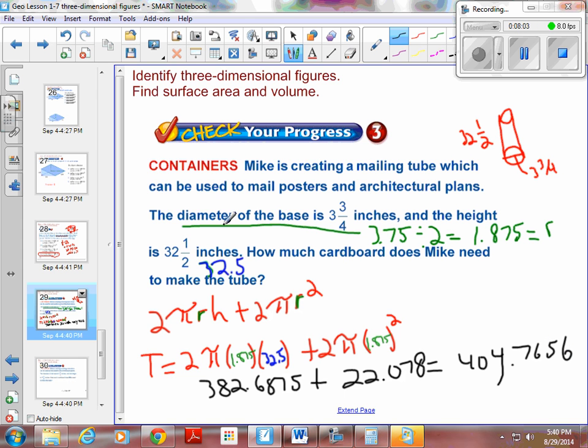If we go back and look at our significant digits, this is only to the 10th, this one's to the 100th, so the most accurate we are is to the 10th, so we're going to round. So this is going to be 404.8, and then we need units on this. This is an area. Area would be squared. We're dealing with inches, so that is inches squared. So that's how much cardboard we need to create the tube, 404.8 inches squared.